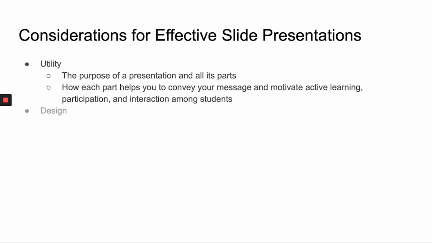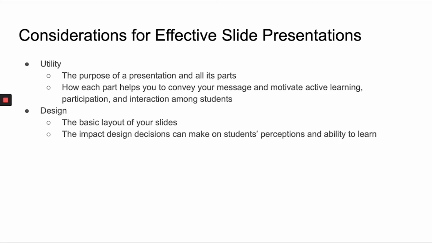When I say that we need to consider design, I'm talking about an understanding of the basic layout of our slides, and also an understanding of the impact that our design decisions can make on students' perceptions and ability to learn. These are pretty straightforward considerations, but they do need to be made. When ignored, oftentimes our slide presentations can be less effective, and at its worst, they can actually make learning more difficult for students.